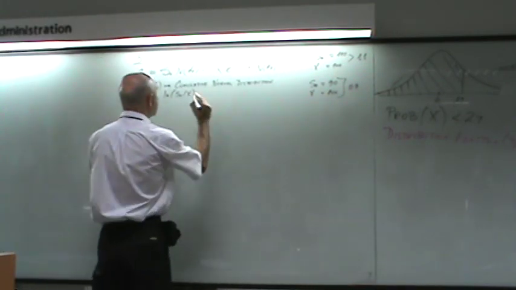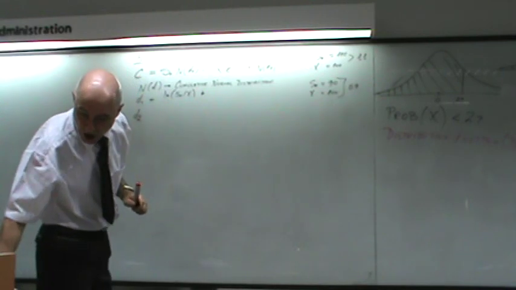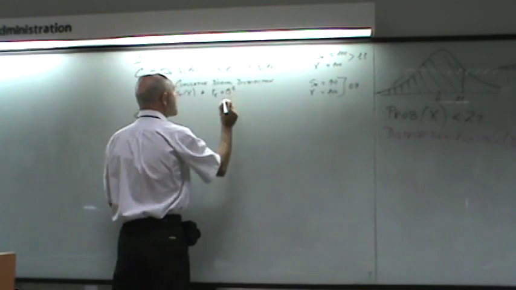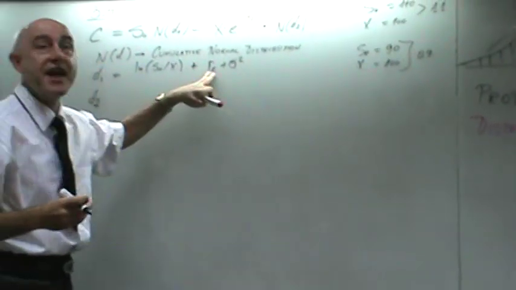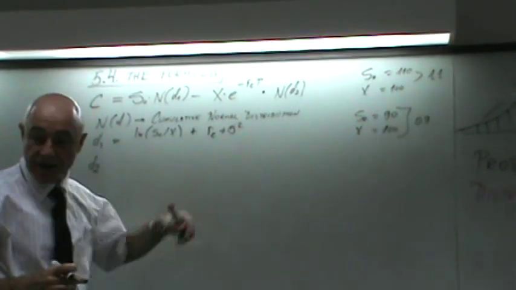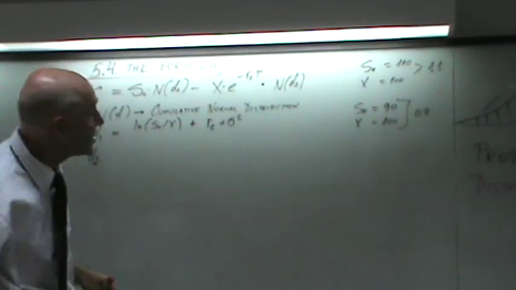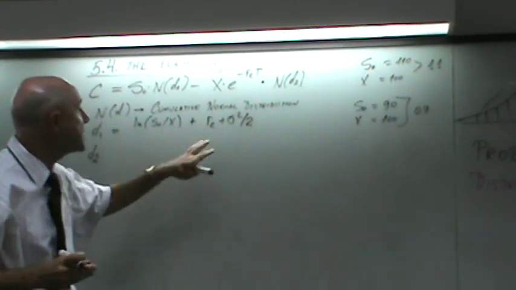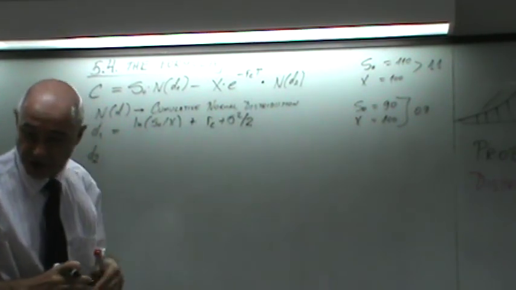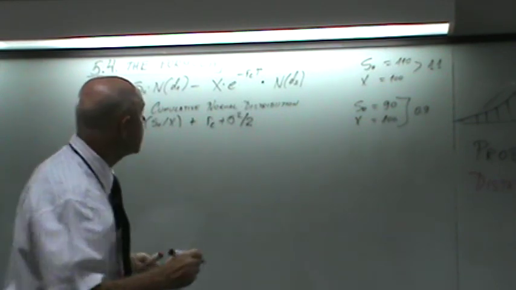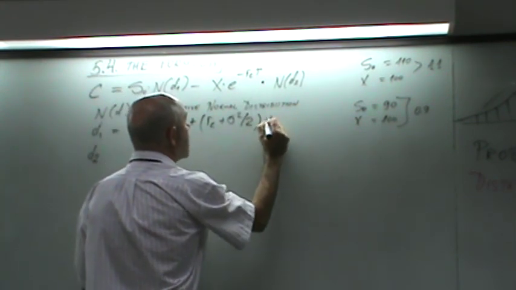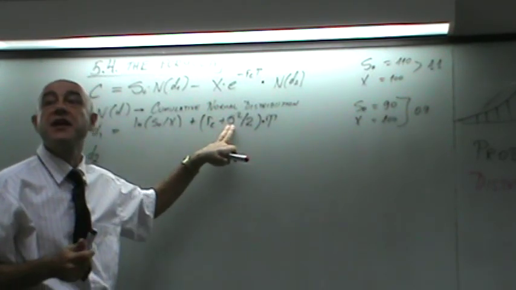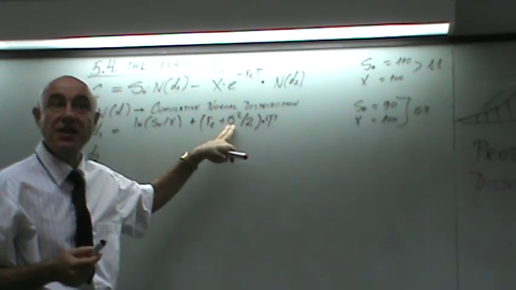Plus, let's see what else we got in here. Rc plus sigma squared. Rc is the expectation, and sigma squared is the variance. That's a very standard formulation of the normal distribution. And you multiply this by t.